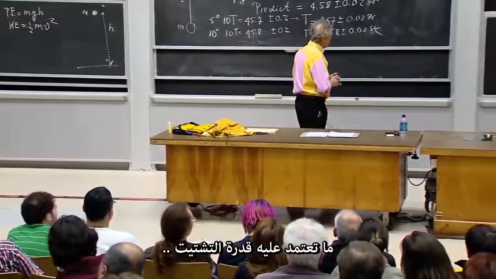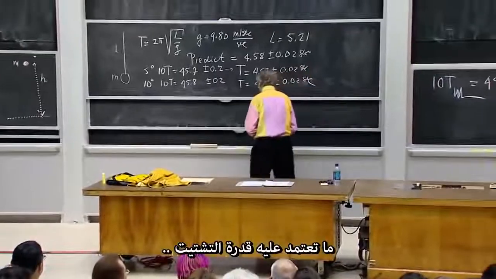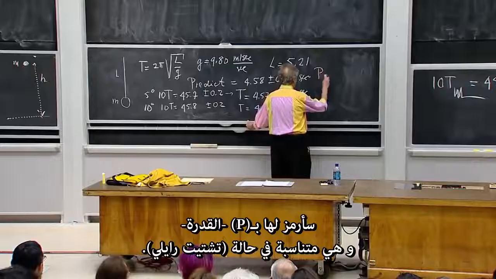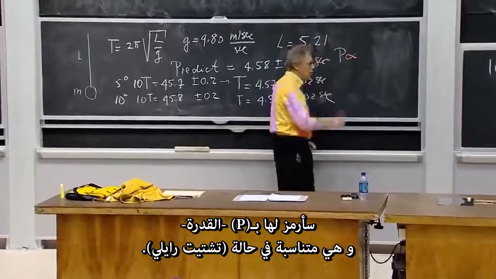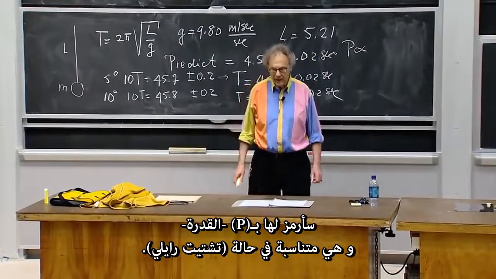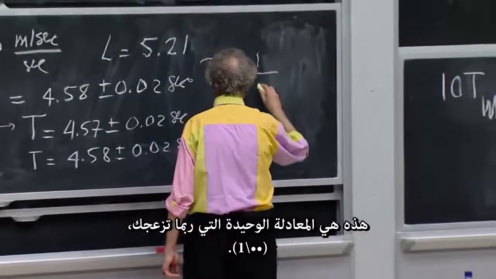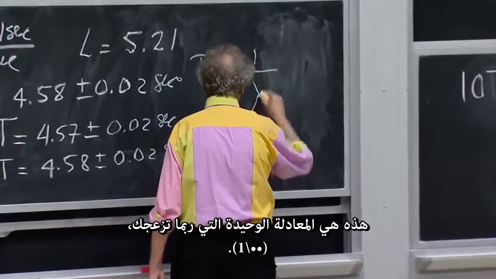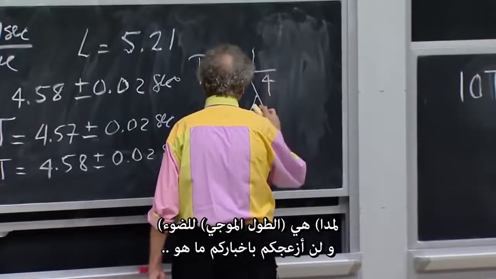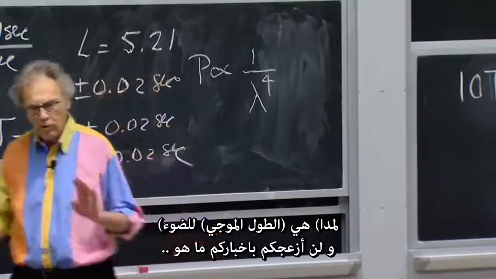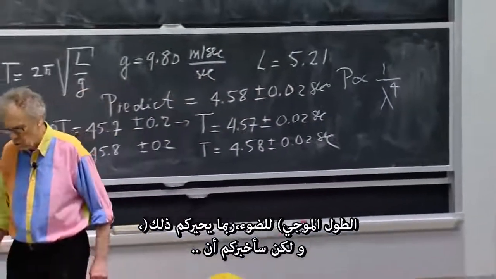The power of scattering, I'll call that P, is proportional, when we have Rayleigh scattering, and this is the only equation that may bother you, to 1 over lambda to the 4th, and lambda is the wavelength of light. I will not bother you to tell you what the wavelength of light is. That may confuse you.